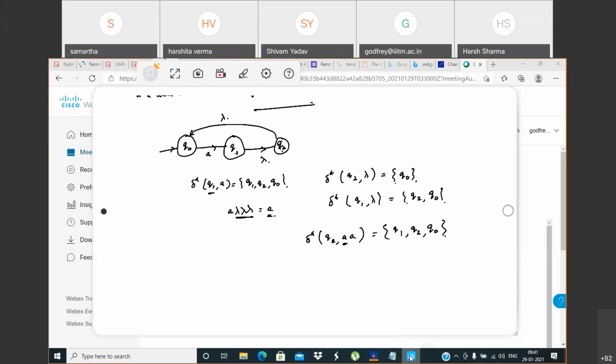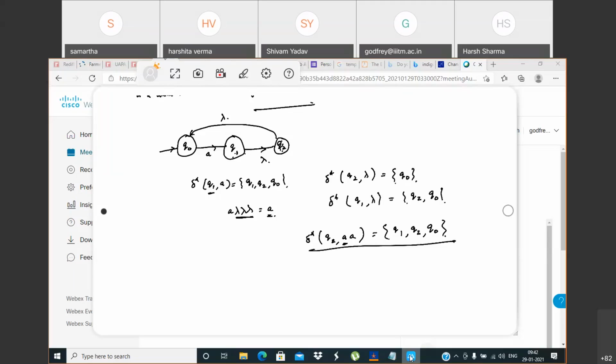Now with two A's also, I'll be able to come back, and after reaching Q1, I'll still be able to go to Q2 and Q0. That's why the transition is defined in this fashion.